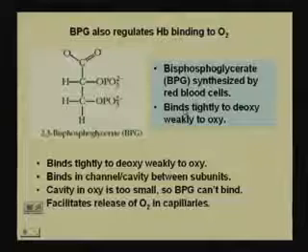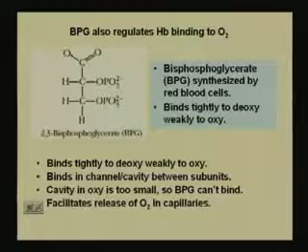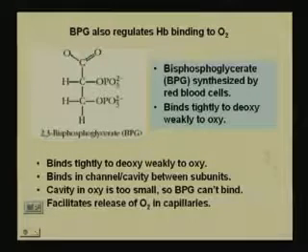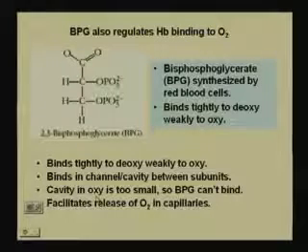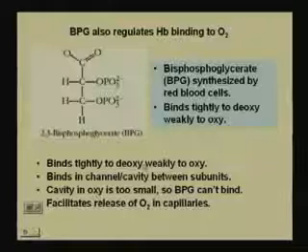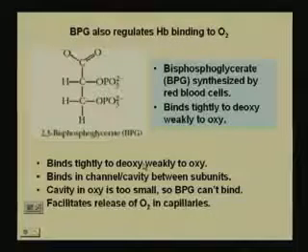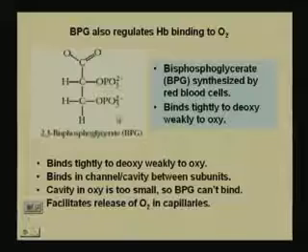What is deoxyhemoglobin? When the hemoglobin does not have oxygen bound to it, it is called deoxyhemoglobin. This BPG binds to deoxyhemoglobin, and what happens is the cavity that is present in deoxyhemoglobin is large enough to hold the BPG molecule in there.